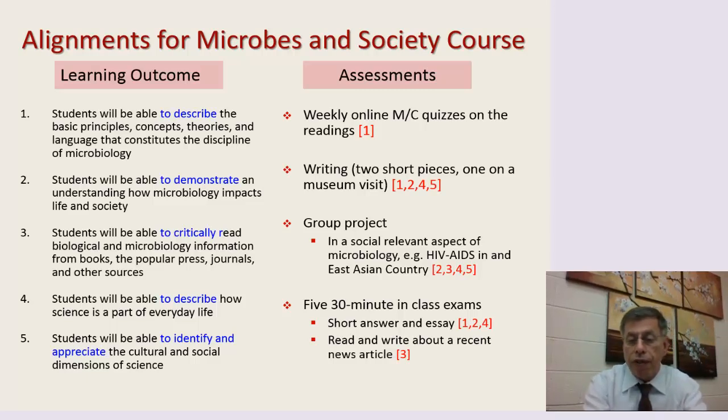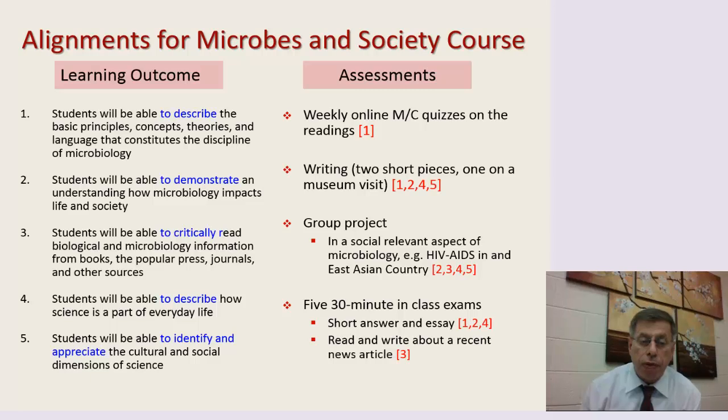Likewise, the rather significant group project, which is worth about 25% of the course grade, again, the products in that group project can be used to look at and assess 4 different learning outcomes. In the traditional short exams, you'll notice that short answer and essay questions can be used to assess learning outcomes 1, 2, and 4.